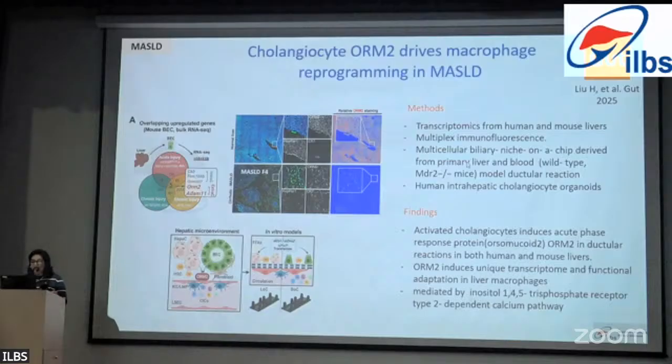They identified that whenever there are activated cholangiocytes, they induce the acute phase protein ORM2, and that leads to ductular reactions in both human as well as mouse livers.